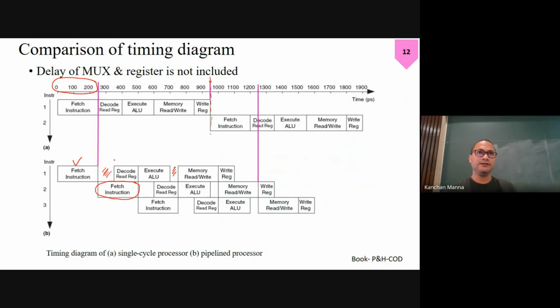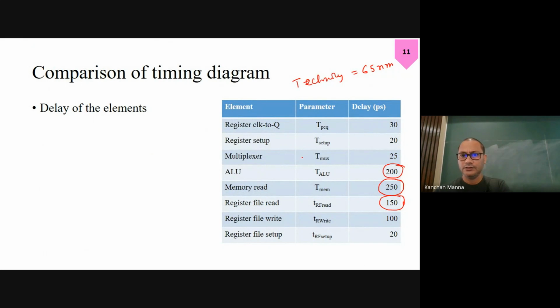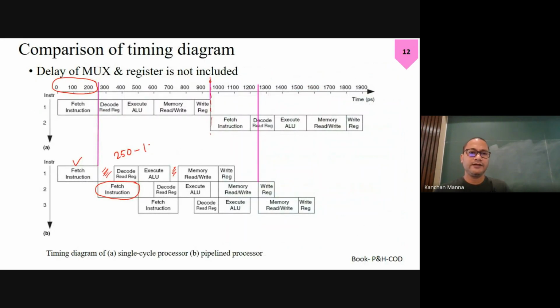Why 250? Because we have to calculate the time for each stage, and the stage having the maximum delay decides the clock period. Here memory is taking 250 picoseconds, and because of that, T is 250. Register file reading takes 150, so if you subtract, that period sits idle.